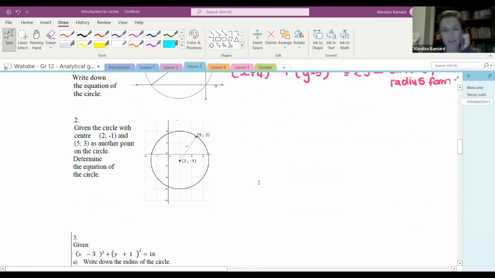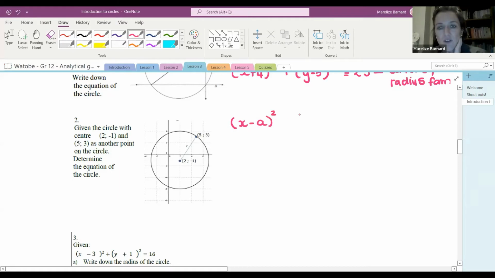Let's carry on. Given the circle with center at (2, -1) and (5, 3) as another point on the circle, determine the equation of the circle. Okay, so I like to always start off with what it is that I'm trying to work out.